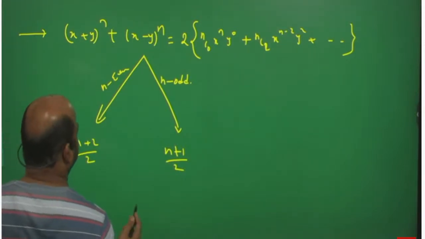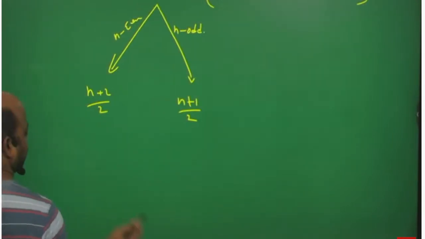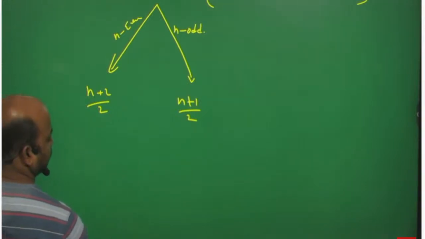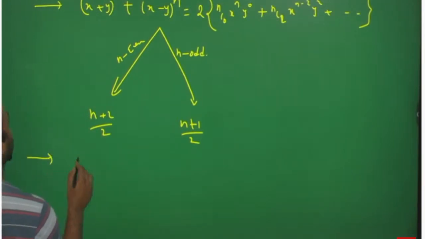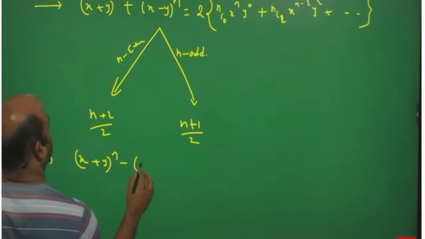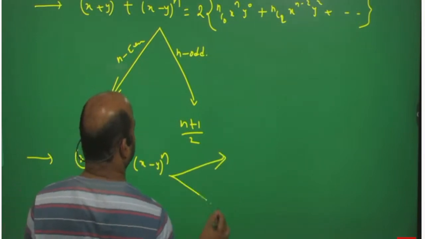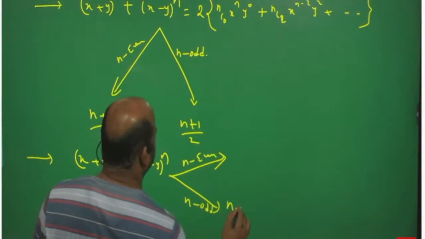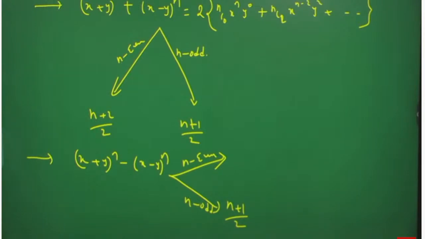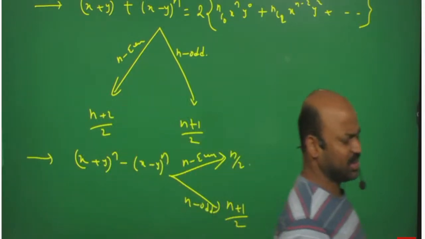When I have a minus, what is the number of terms? When n is even, when n is odd. Remember, my dear, when n is odd, it will always remain the same, (n+1)/2 only. But when n is even, that is nothing but n/2. Basic questions they will ask.